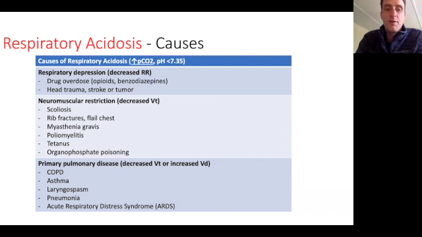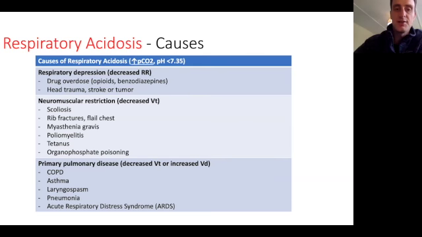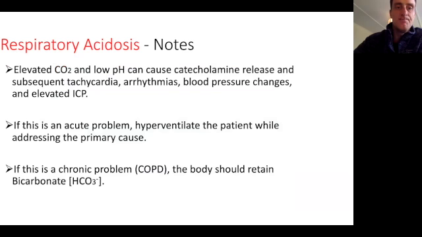Primary pulmonary diseases can include COPD, asthma, laryngospasm, pneumonia, ARDS. All of these things will affect your tidal volume, respiratory rate, and ultimately your pH and presence of acidosis. And the endpoint of all of these causes is an increase in blood CO2 level.